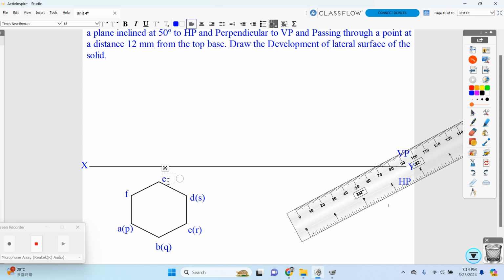You can just repeat once again today also, just for practice. Then over here we can consider T, and we can consider this as Q.